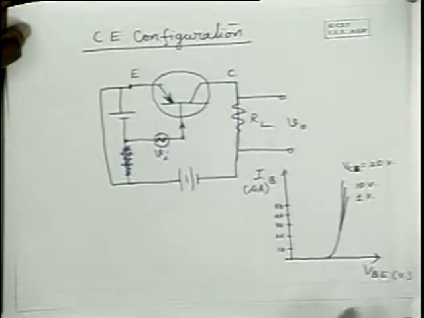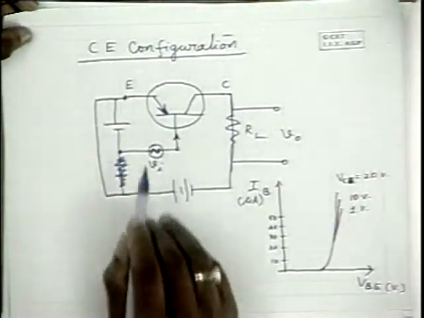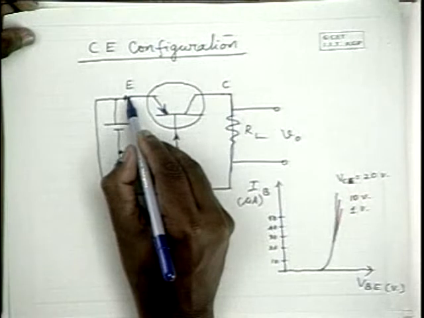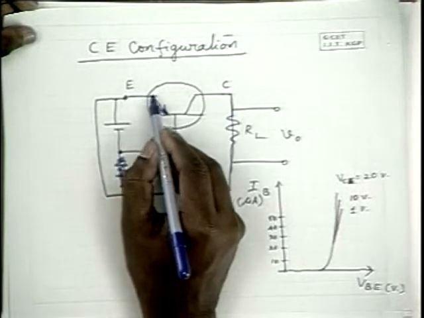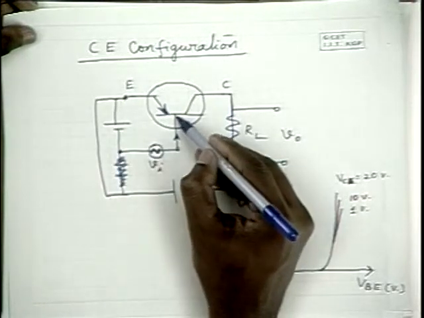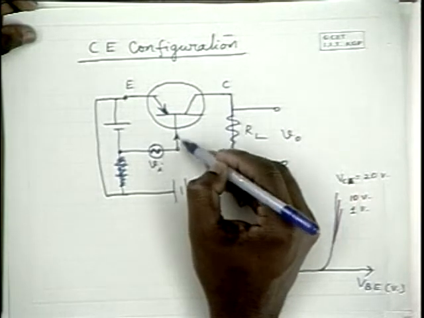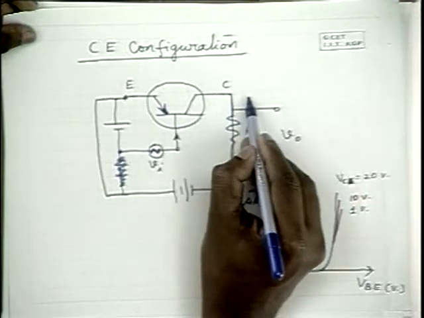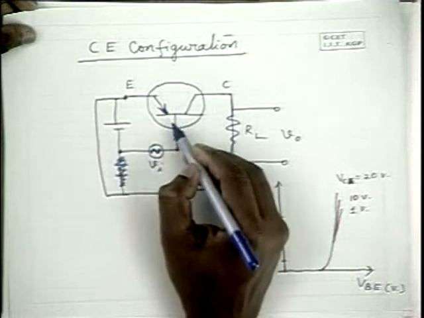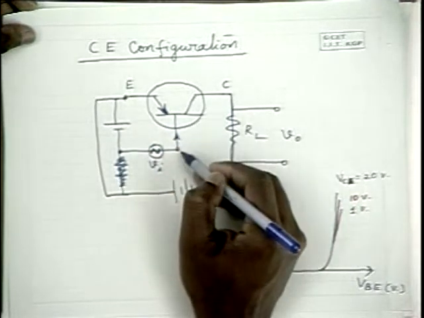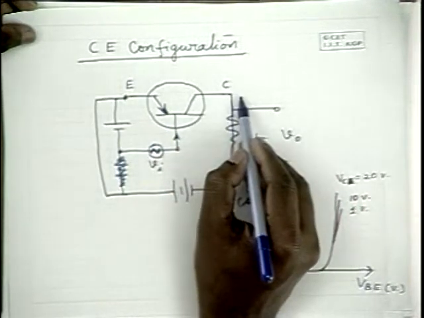So please refer to this diagram. You have IE going in, and actually IB goes out, and IC goes out. Therefore, this IE is equal to the outgoing IB plus the outgoing IC.